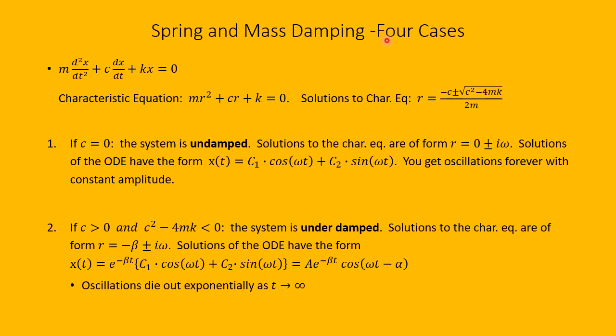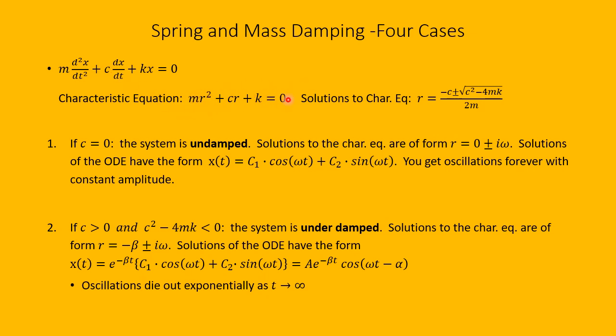So there are 4 cases that we have to consider when we look at a spring and mass combination, and those 4 cases depend on damping. We saw that in general, the equation of motion in this case is given by this equation, and so its characteristic equation is this.